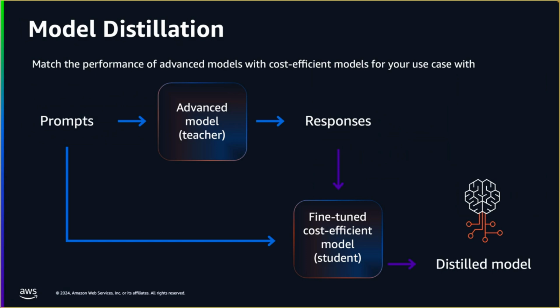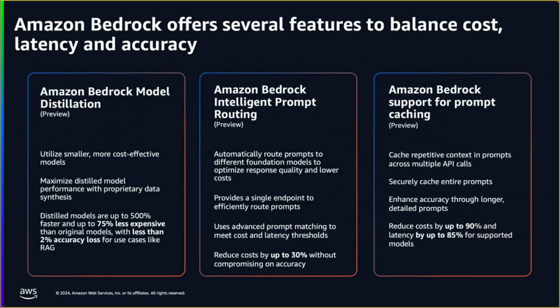It sounds quite advanced, right? So it sounds not easy to implement. The good news is that we recently announced pretty much most of these techniques and features to help you automate and streamline their implementation.